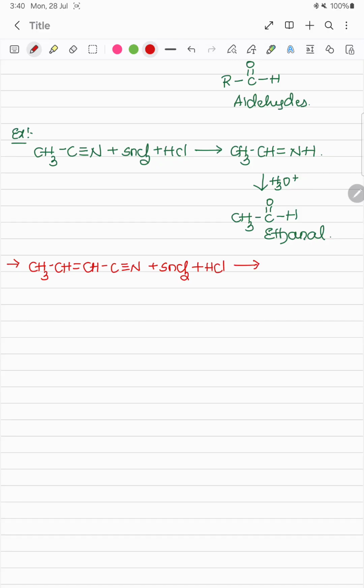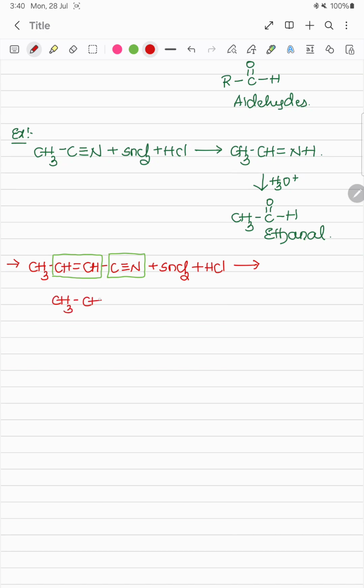If you go for sites of reduction, we have two sites of reduction. One is this double bond, which can become a single bond. Another one is a triple bond, which can become a double bond. So what your SnCl2 and HCl will do, it will reduce both the double bond as well as the triple bond. It is not selective. It will never select a triple bond or a double bond. It will reduce everything.